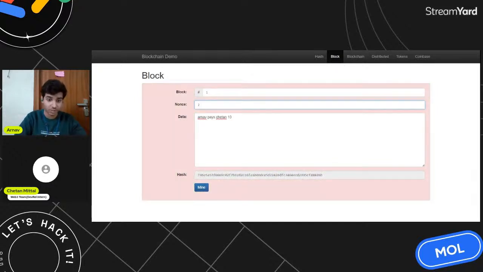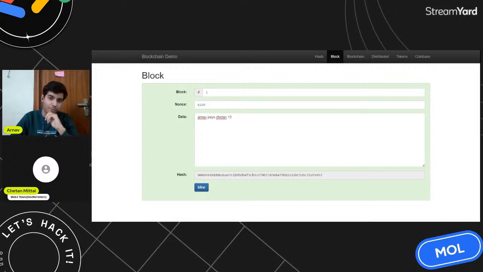Does it work with 2? It doesn't. Does it work with 3? But does it work with 6229? It does. So the computer has to go through all of those numbers. There's no correlation between them. It has to go through all of those numbers to get these 4 zeros at the start. So the more zeros at the start, the more computational effort has been put in to verify this block, right?